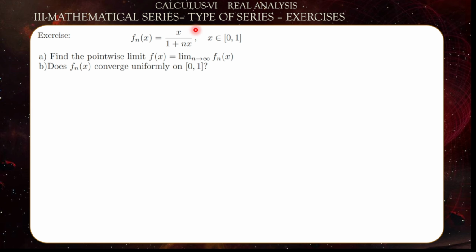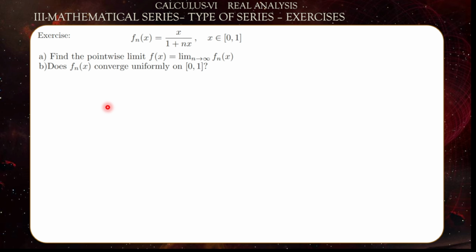As for uniform convergence, the different functions need to approach the same value of f of x uniformly, meaning that they need to approach together, with the same speed of convergence.